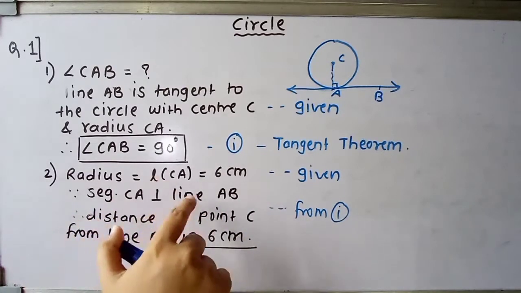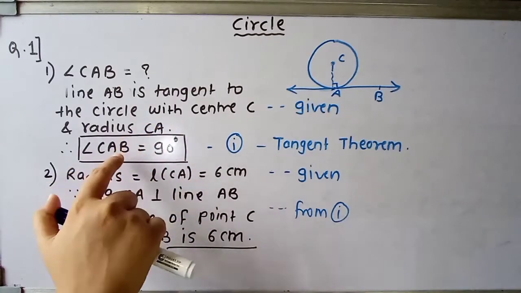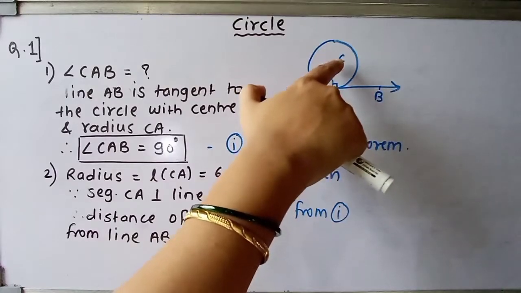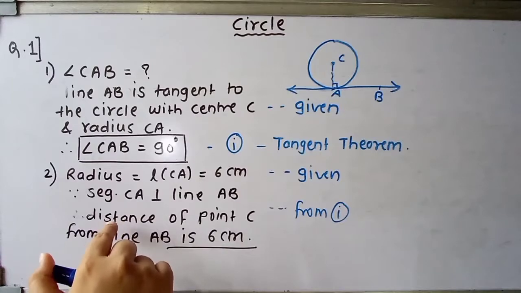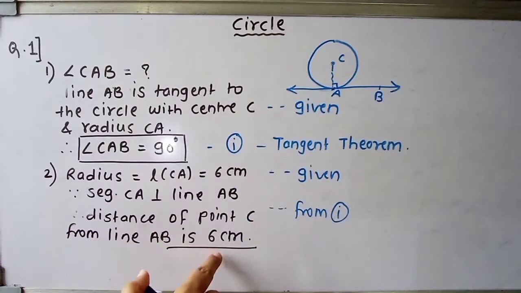Since segment CA is perpendicular to line AB, we have already proved this, because angle CAB is 90 degrees. So therefore the distance of point C from this line is 6 cm. Is this clear to you? Now we'll see two more questions.